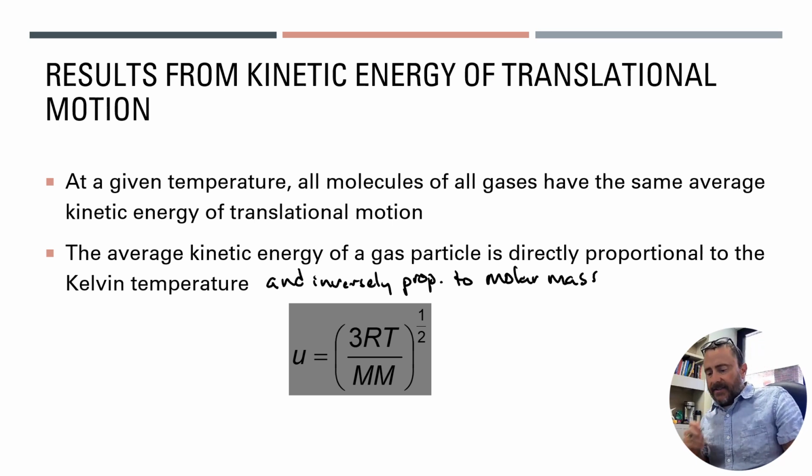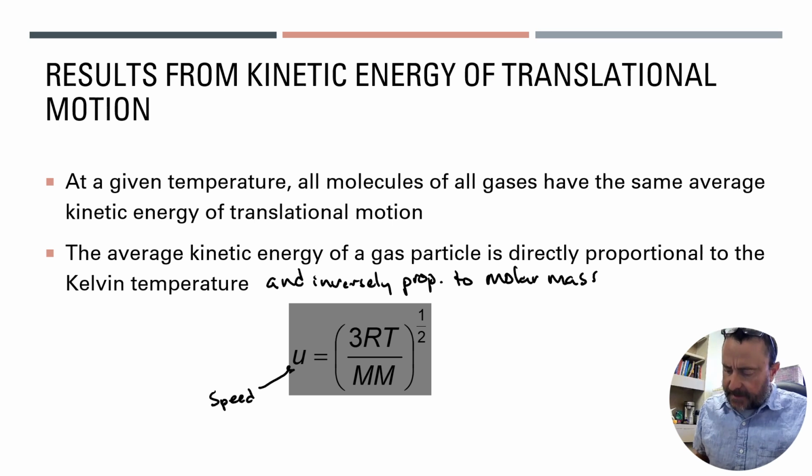Okay, the equation here is that the average kinetic energy, the speed here actually, in this case is equal to 3RT over molar mass, to the 1/2 power. R in this case is a different R. So we've got 3 different R's.